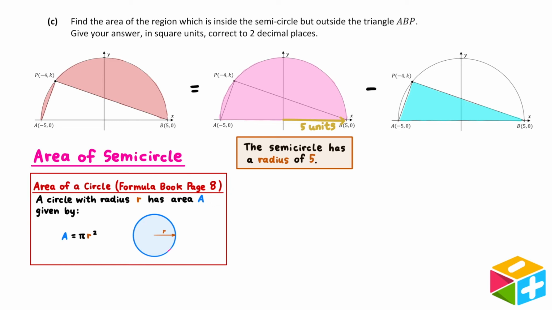It says that a circle with radius r has area A given by A = πr². In our scenario, we have a radius of 5. So to find the area of the full circle, we should sub in r is equal to 5.